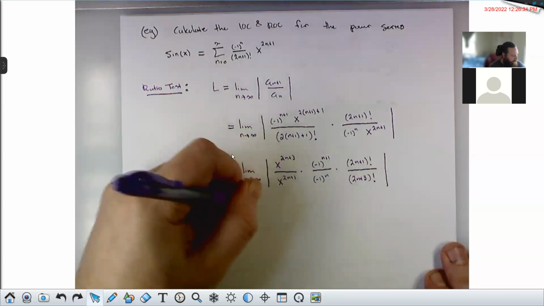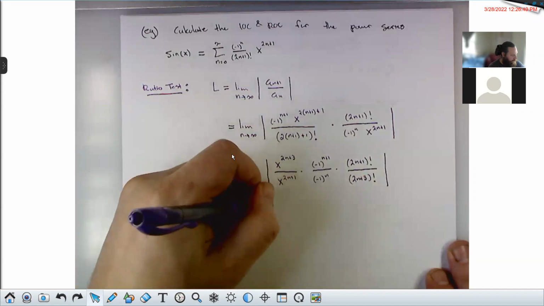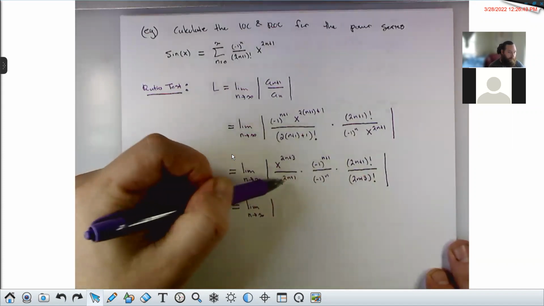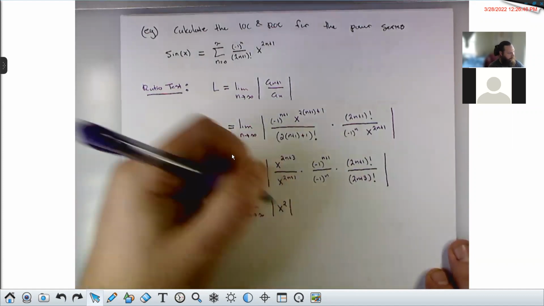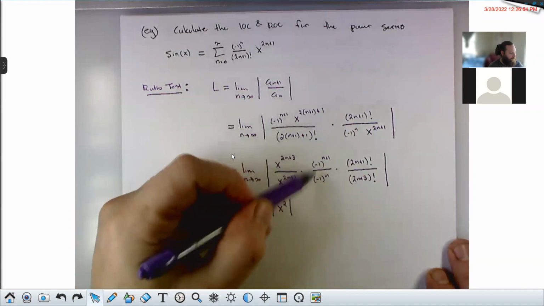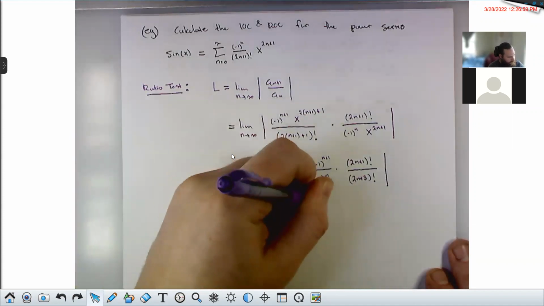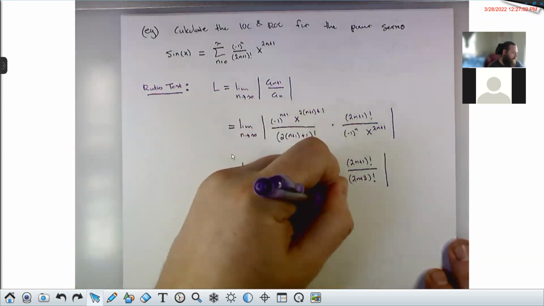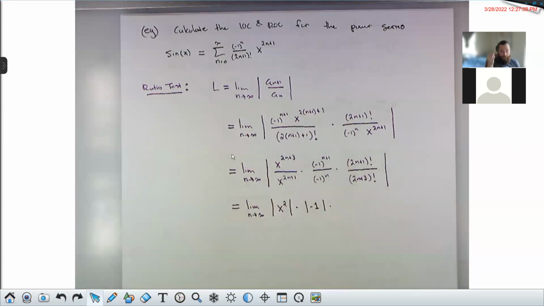In this next step, I'm going to simplify the first two pieces, and I'm going to split up the absolute values. x to the 2n plus 3 divided by x to the 2n plus 1 is x squared. Give him his own absolute value. Negative 1 to the n plus 1 divided by negative 1 to the n is just negative 1. Give him his own absolute value. And then (2n plus 1) factorial over (2n plus 3) factorial. Not much we can do with that straight up algebra-wise in this form. I can observe that those are both positive quantities.